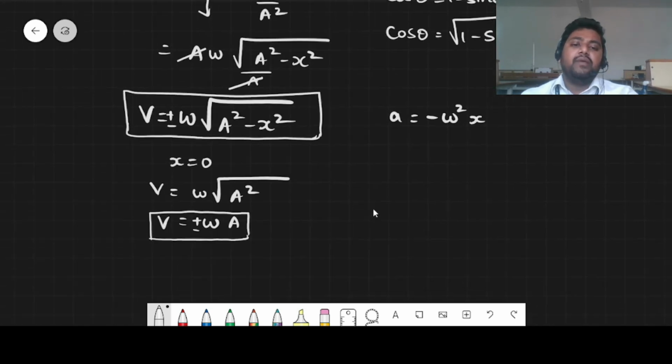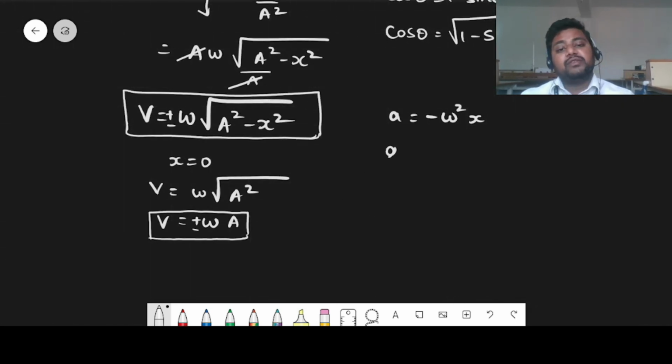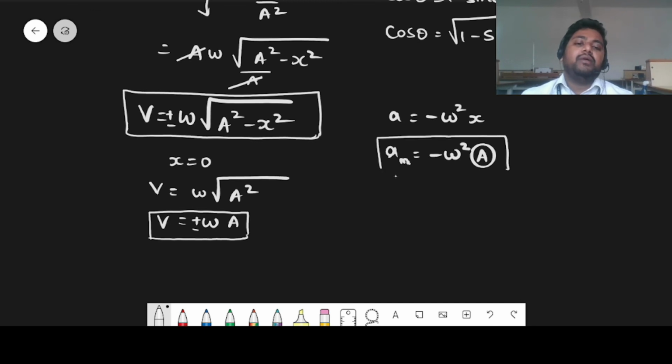Now where will be the maximum acceleration? When the object is at maximum amplitude. Either at a negative extreme or at a positive extreme, you will get acceleration to be maximum. Where will acceleration be minimum? It will be equal to 0 at the mean position.